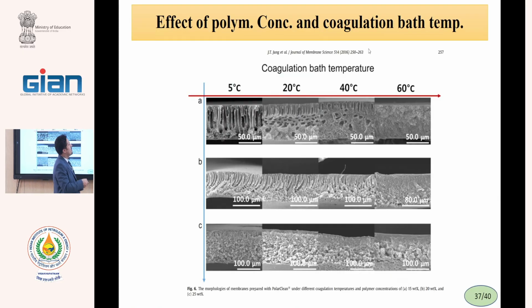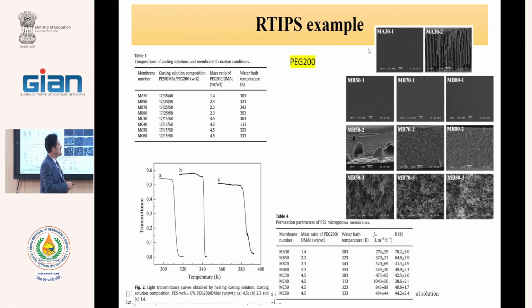The effect of coagulation bath temperature on TIPS is also important. After solidification, we have a solid film, but the solvent is still inside, and we must remove the DBT.